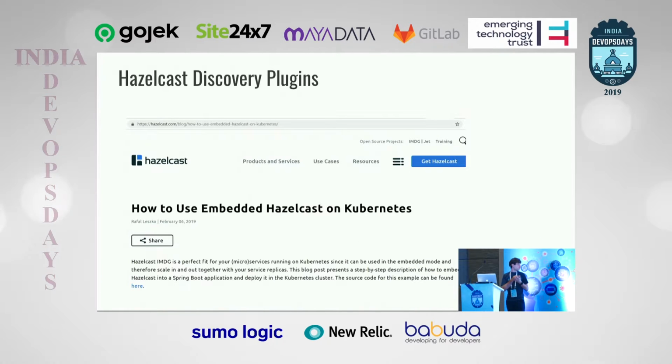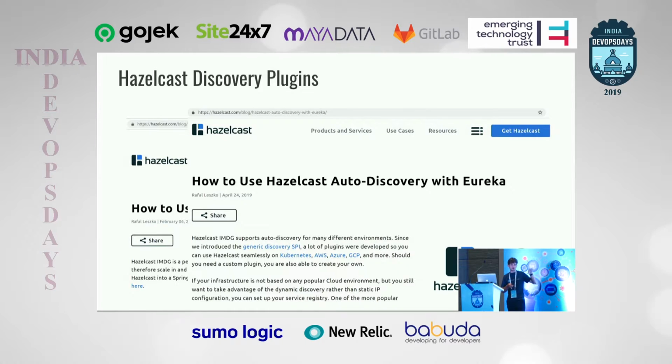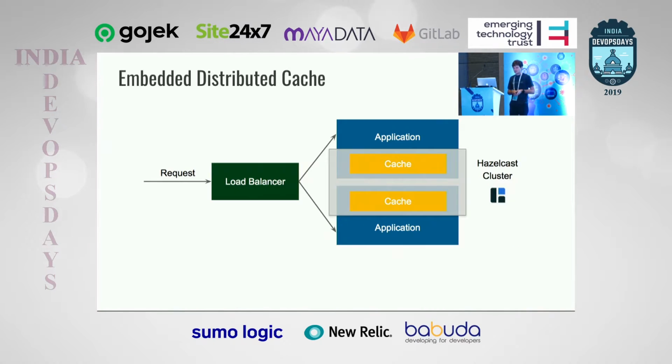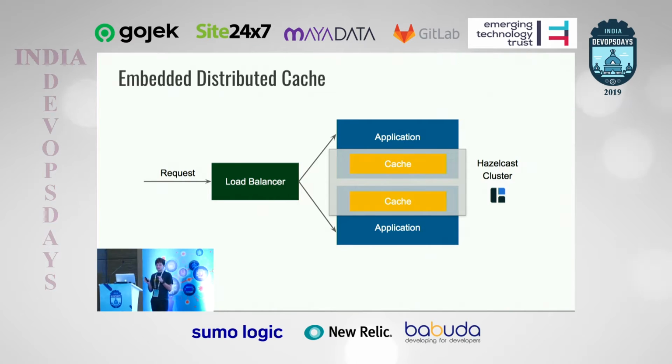We do a lot of blog posting about this discovery plugin. So if you don't know how to configure this, just Google how to use Hazelcast with Eureka, and you will find the answer. So that is our embedded distributed cache.